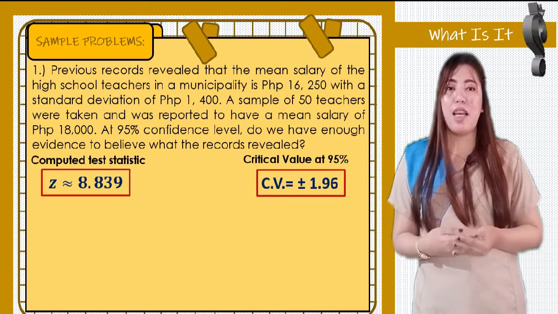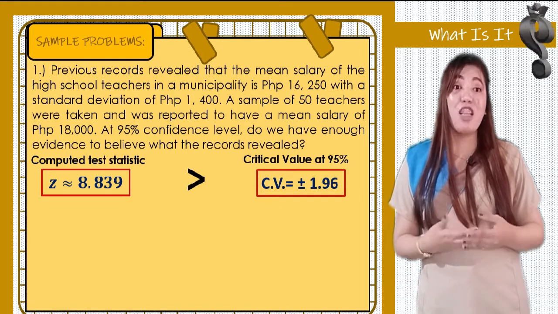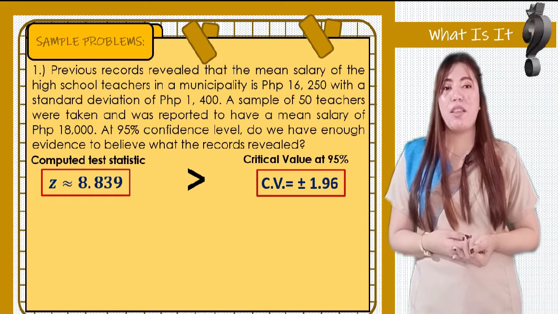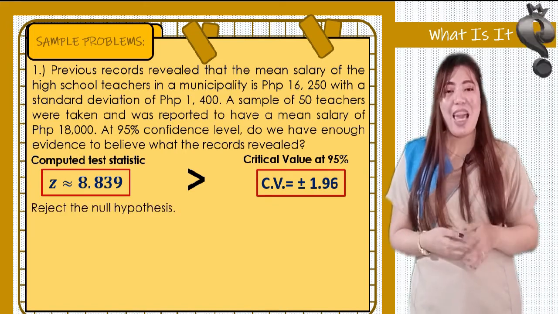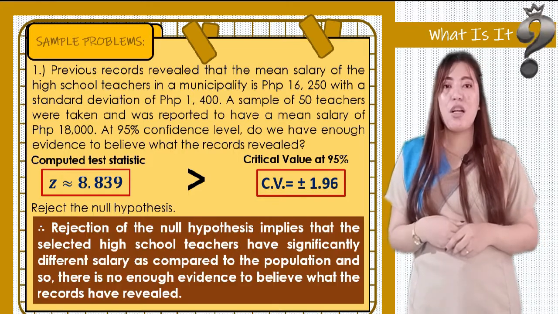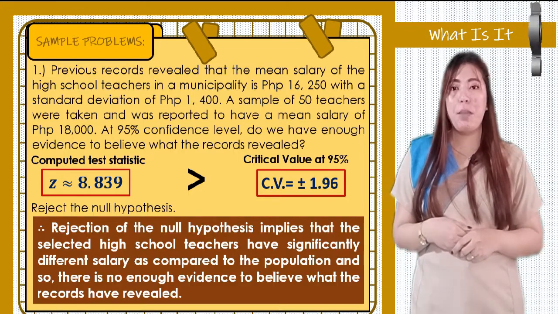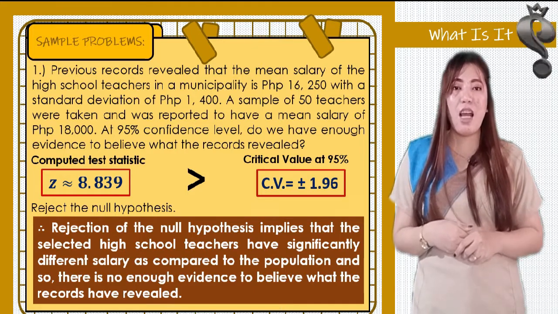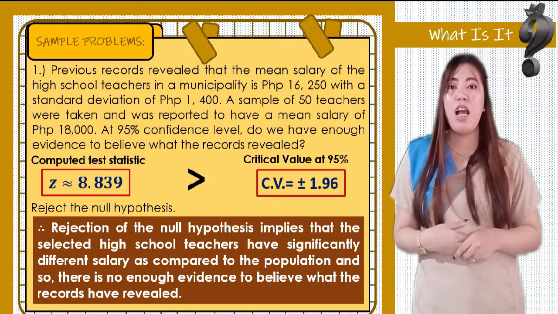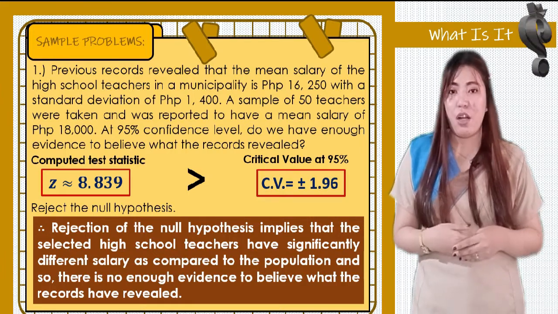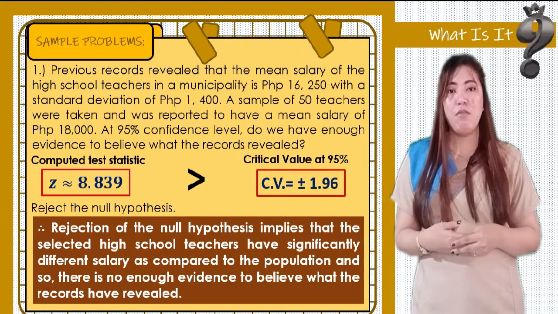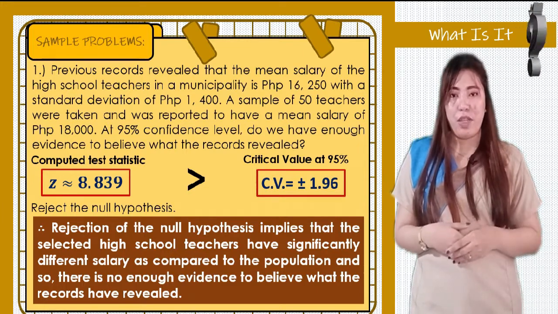Since the computed test statistic of 8.839 is greater than the critical value of 1.96, we reject the null hypothesis. Rejection of the null hypothesis implies that the selected high school teachers have significantly different salary as compared to the population, and so there is not enough evidence to believe what the records have revealed.